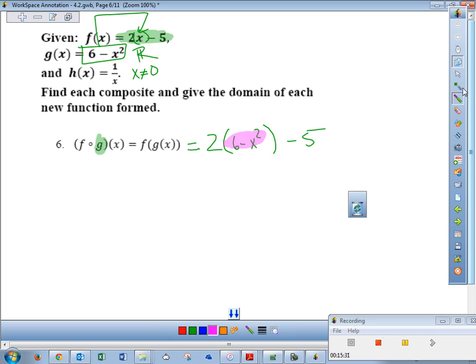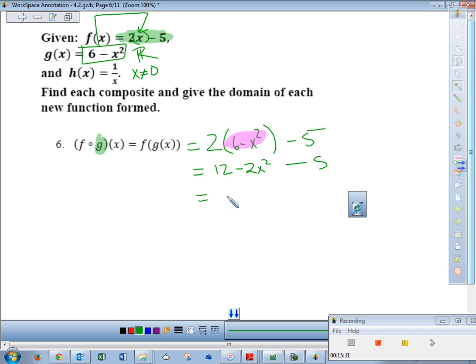Then I clean him up a little bit. That would be 12 minus 2x squared minus 5, correct? And then combine my like terms. I like to put my x stuff first. So 12 minus 5 is positive 7, and that's got to be squared, sorry. Negative 2x squared. Then I look. Originally, I had no restrictions. In this guy, will I have any restrictions at all? No x's downstairs, no even roots, so the domain is still all reals.